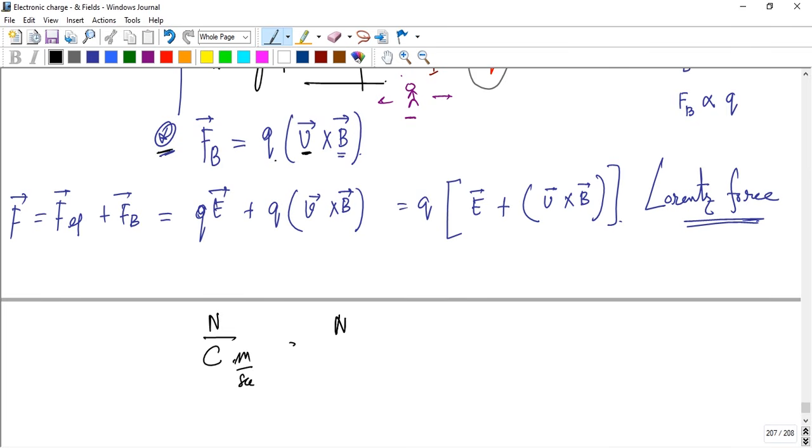So Newton second by coulomb meter. Another name is called Tesla. The name comes from the famous scientist Nikola Tesla. So 1 Tesla equals 1 Newton second per coulomb meter. And Tesla is a very strong magnetic field.